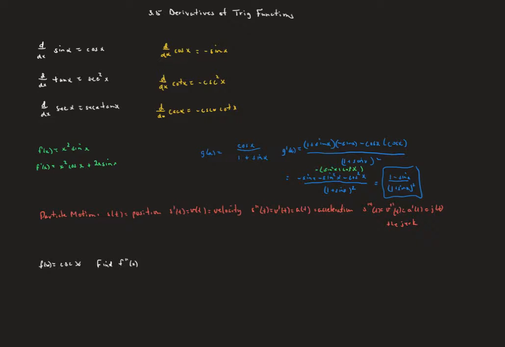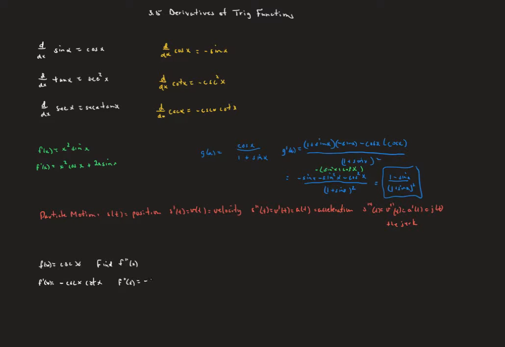So if we say f of x is cosecant x, we can find the second derivative. So the first derivative, for cosecant, is going to be a negative cosecant x cotangent x. And now to get the second derivative, we're going to have to use a product rule.